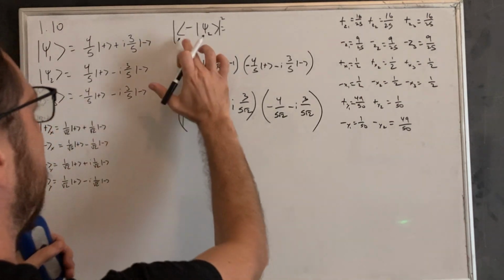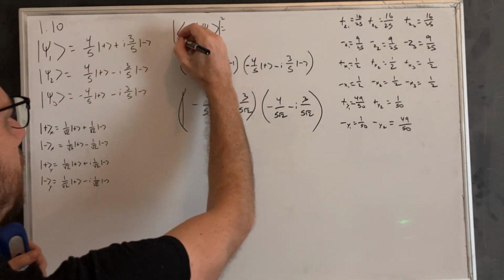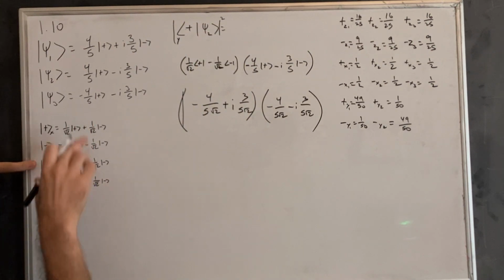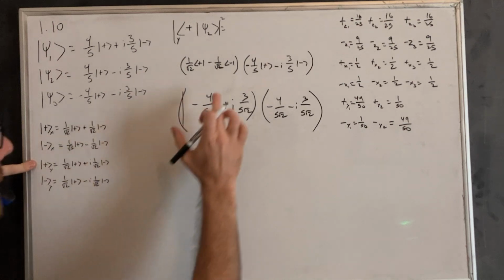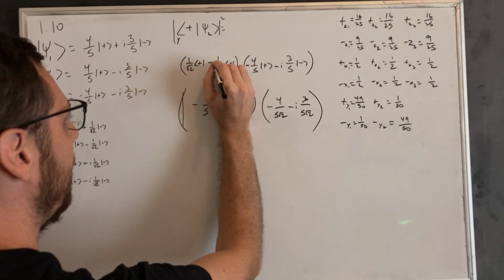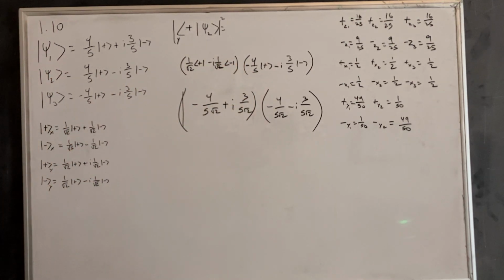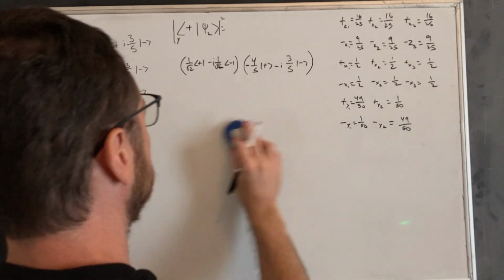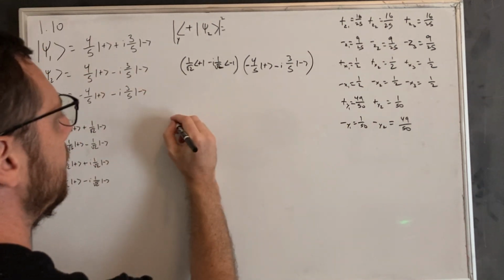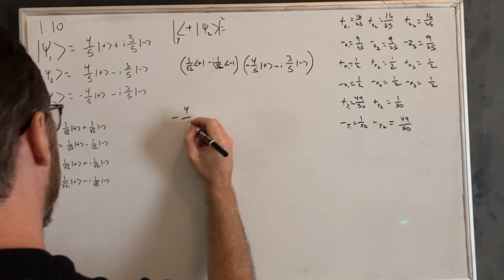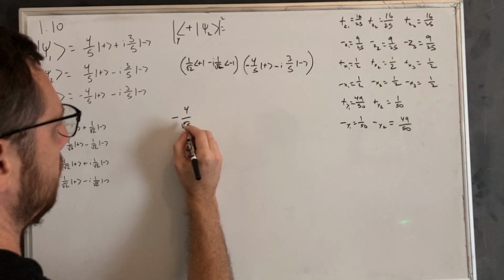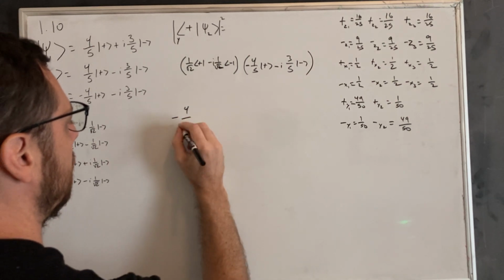All right, and then finally our y's, and then we'll wrap this up. Up in our y is going to be the complex conjugate of this because it's the bra state again. So it's going to be minus i 1 over root 2. And we got negative 4 over 5 root 2.